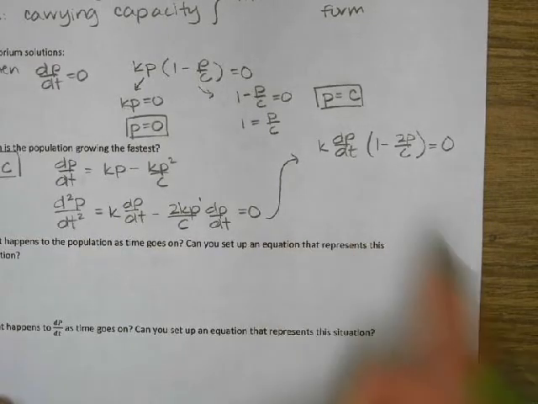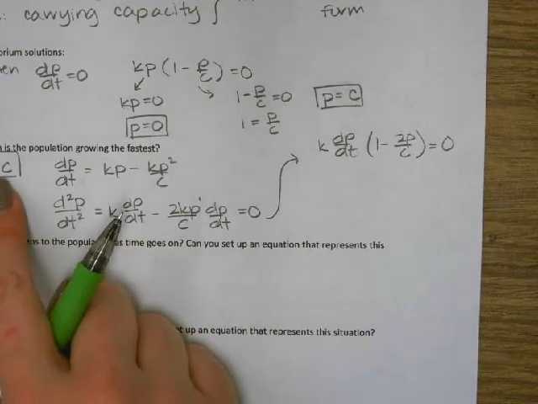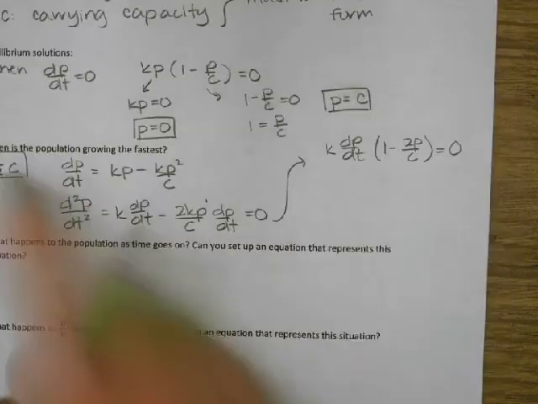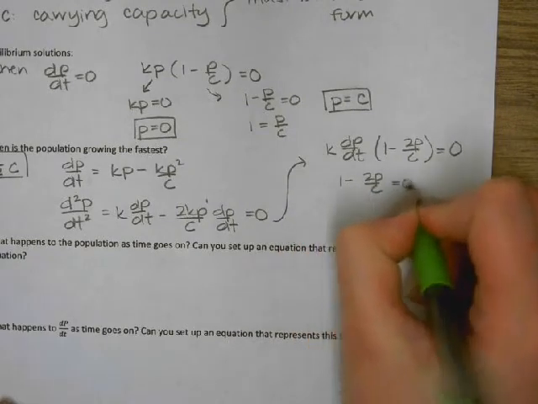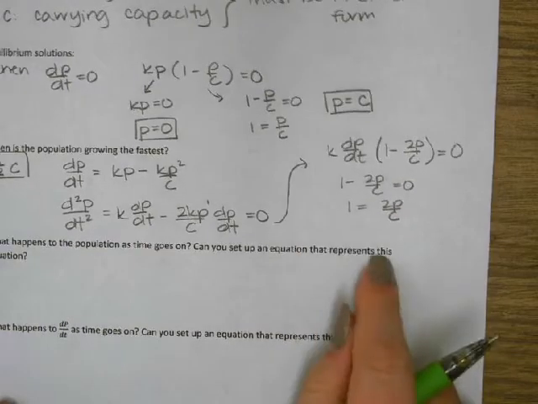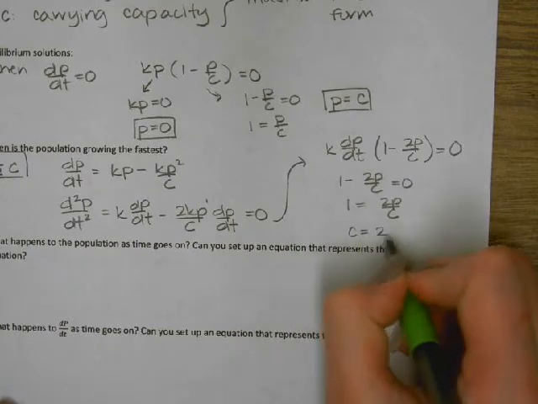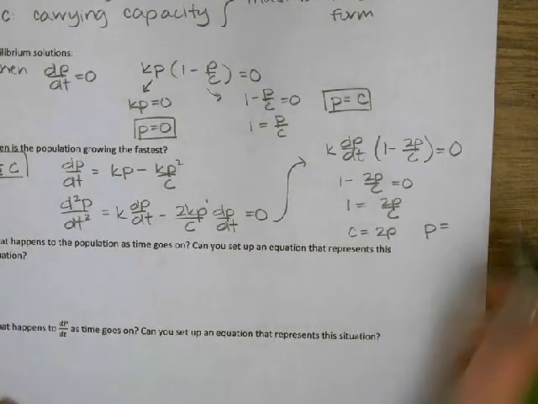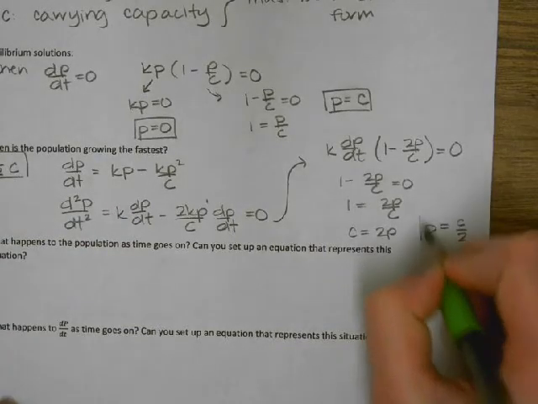That one's not very exciting. So the one that's going to help us prove that the population is growing the fastest at 1/2 C is if I take this one and set it equal to 0. So 1 equals 2P over C. I'll multiply the C to the other side. C equals 2P. And when I solve it, the population is growing the fastest at C over 2.